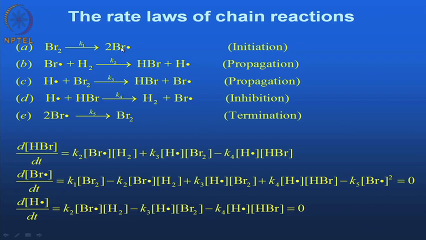This Br dot produces another H dot, and this H dot again reacts with another bromine molecule to produce HBr and Br dot. Whatever Br dot was utilized in the K2 step is again generated through the K3 step. So, these two are basically propagating this reaction. The process remains alive because of these two propagation steps.